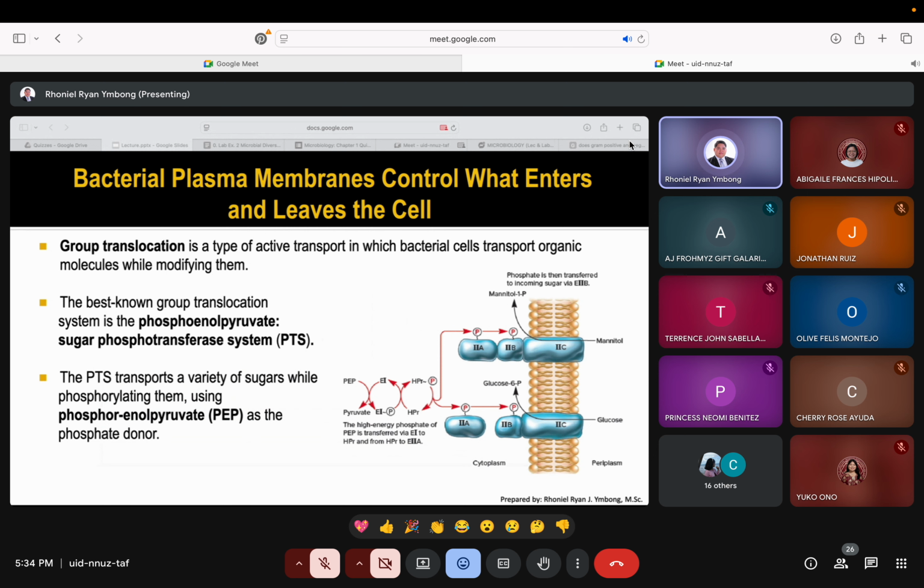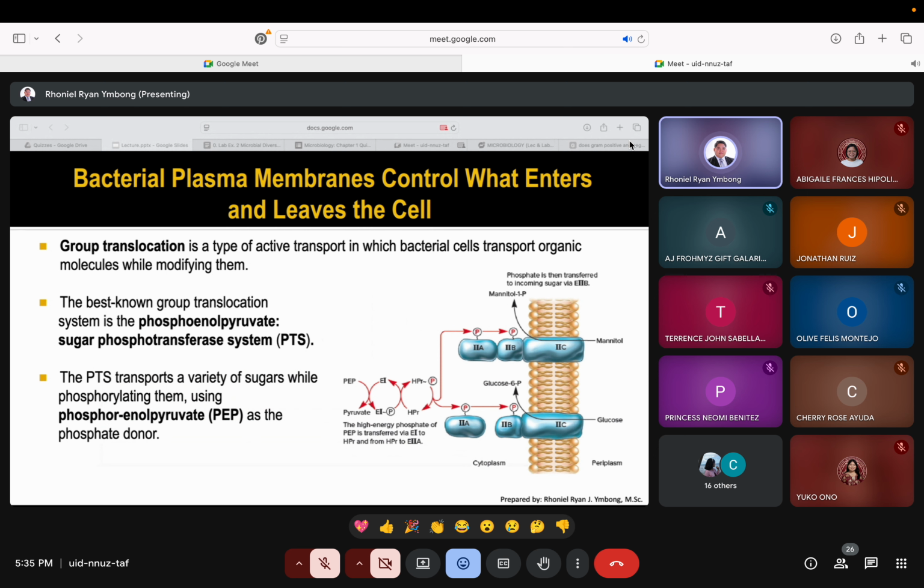So this time, if you are having bulk transport or transport of complex molecules from the outside going in, since wala man kay dako nga pore in your cell membrane, then they have to be dismantled and then reassembled as the parts are transferred into the interior portion of the bacterial cell.